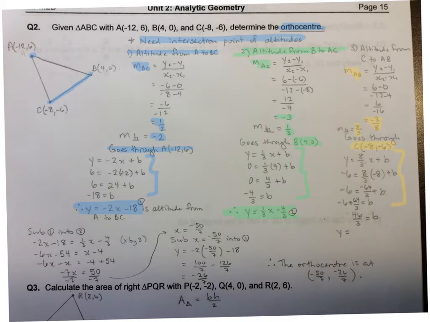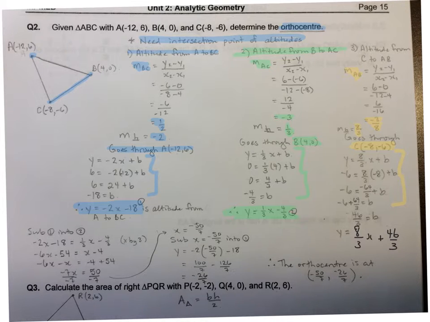Your y should be positive 8/3 x, and then I believe that was a plus 46/3. Okay, it might have been a minus 46/3, but I think I erased that minus and it's a positive 46/3. So you may have found that one and worked with that one.